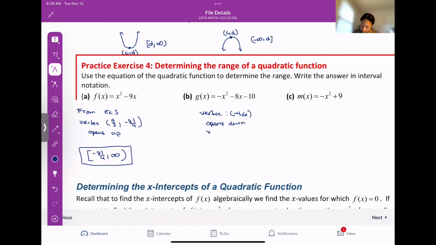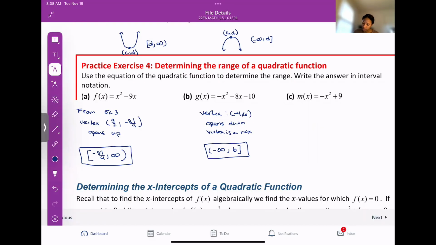So I can write that here. Vertex is a max. That means the y coordinate of the vertex is the largest possible value we can get for the outputs. So the range is going to go from negative infinity to 6, and the 6 is included. That's our range.